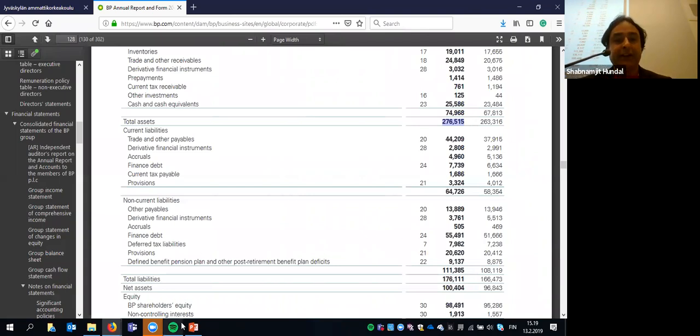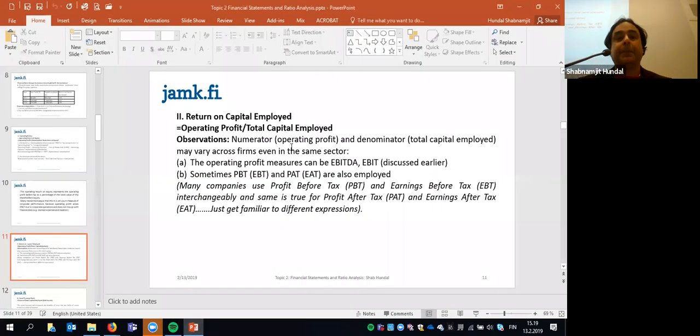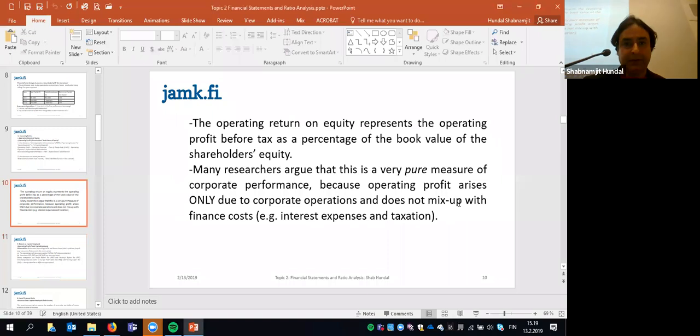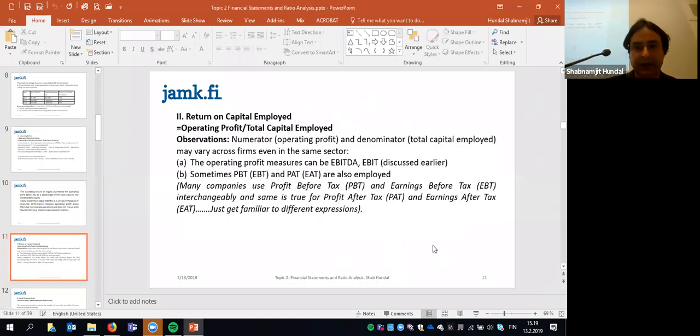I mentioned even in the slide that total capital employed is basically, well, I should have said it somewhere that total capital employed is your total assets.